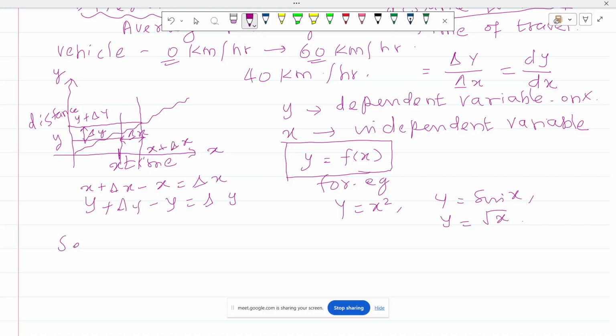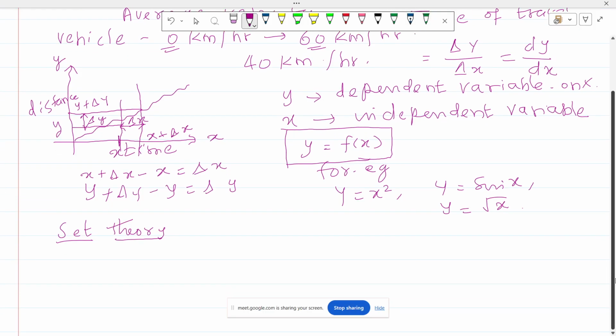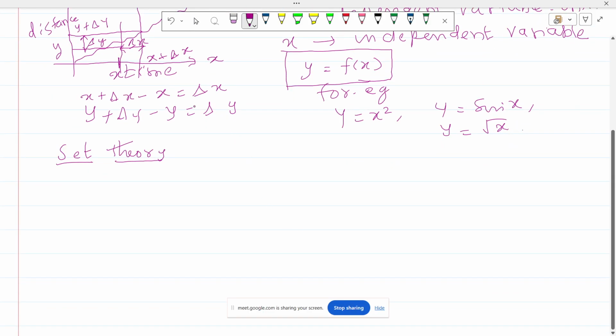Actually in set theory, did you study set theory? Why do we have to write this as y equals f of x? Did you study set theory? No, sir. In 9th or 10th standard you may have studied set theory. Set means a collection of well defined objects.